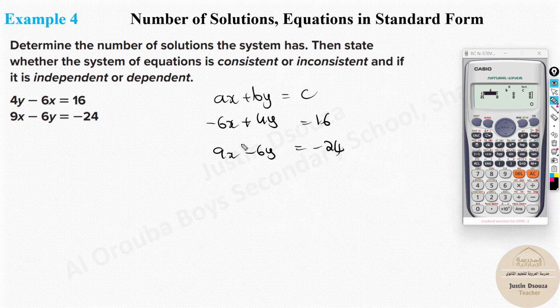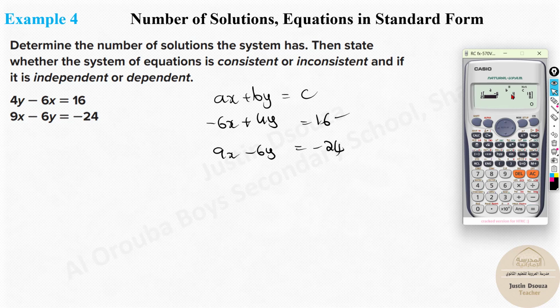You can start with any equation. If you're starting with this equation as 1, make sure this is A, B, and C. Write it accordingly in this particular row itself. So this is the row. Now I'll substitute the values. It's minus 6, 4, and 16.